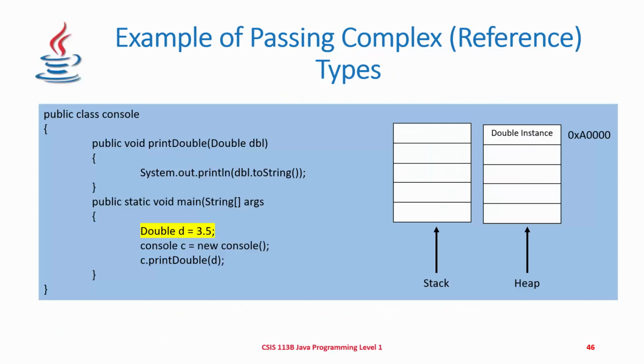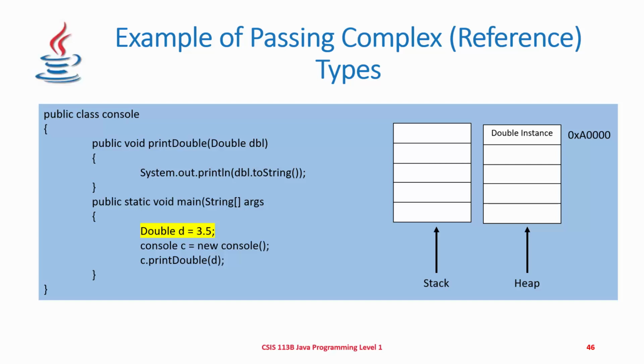So you can see I changed that here on this slide, because this sequence of slides is going to give you an example of how all this works. So we've got a stack and we've got a heap here. In main, the highlighted statement is double D equals 3.5, so that's the instance now being created on the heap at location A0000.